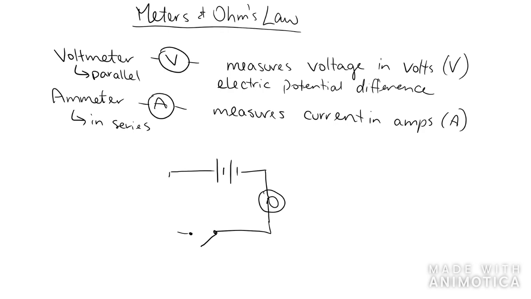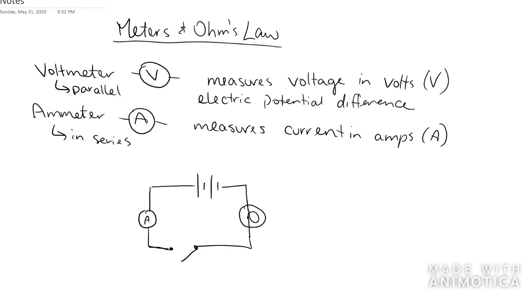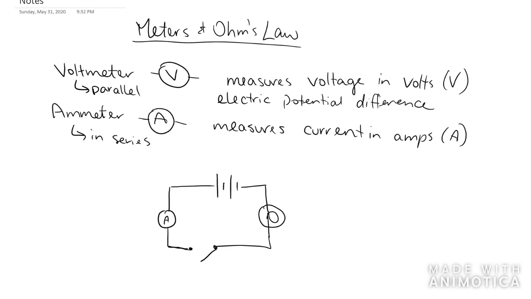If we want to measure the number of amps, we have to put it in the circuit. If we want to measure the voltage, whatever we want to measure the voltage of, usually that would be the load, so the lamp or resistor, or of the cells. So if we want to do the cells, we have to put it parallel.